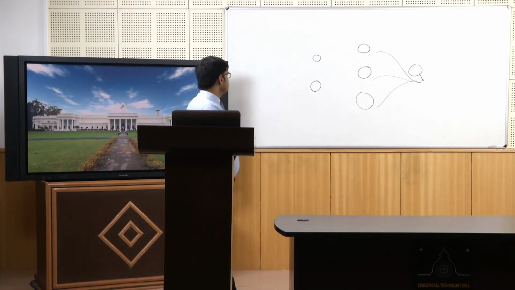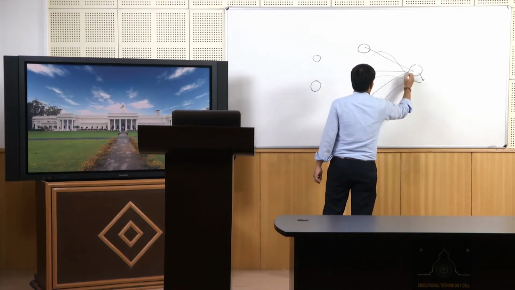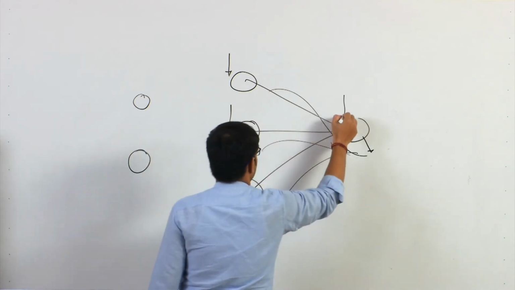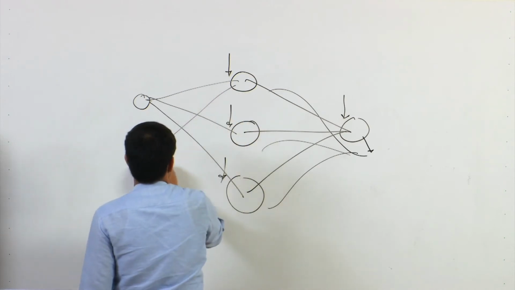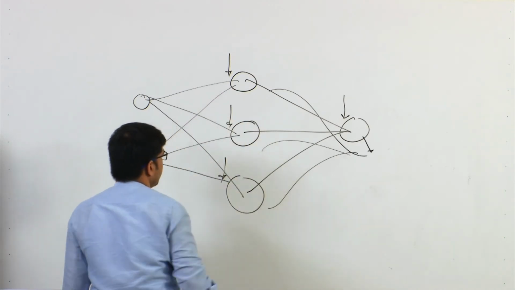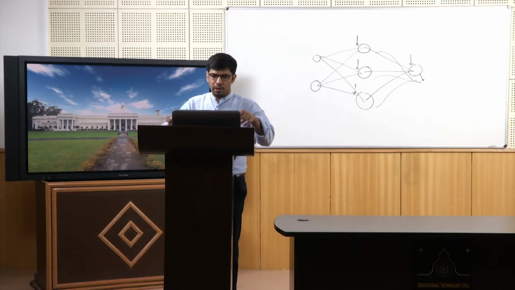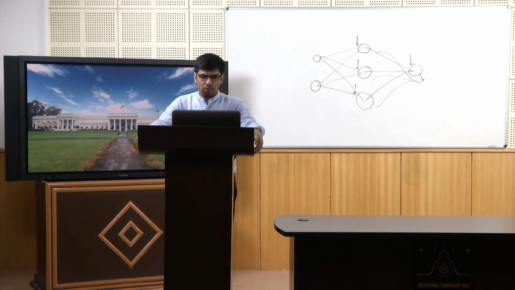So all the connections, and the corresponding weights and bias values, are going to be part of the learning process. Similarly here, since all the connections, weights and bias values are going to be updated using this particular error in a back propagation manner, all these nodes and connections are going to be part of the learning process.